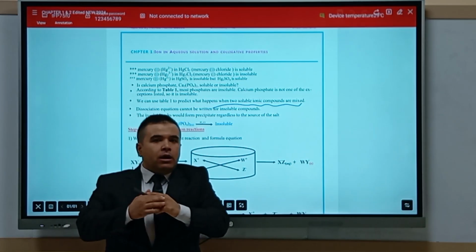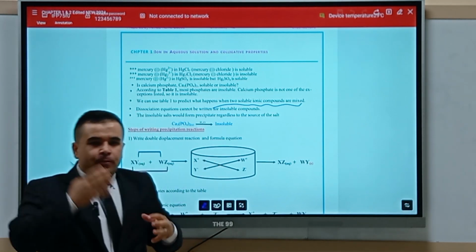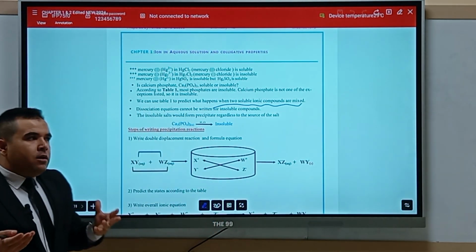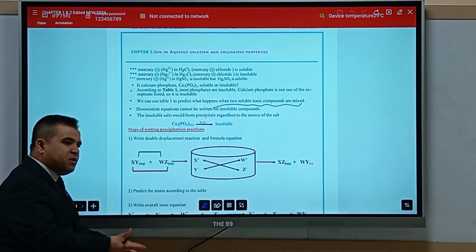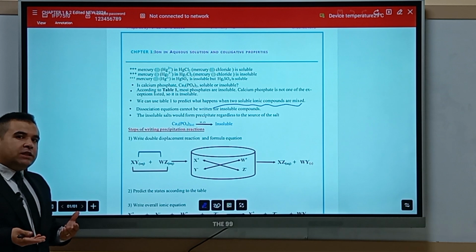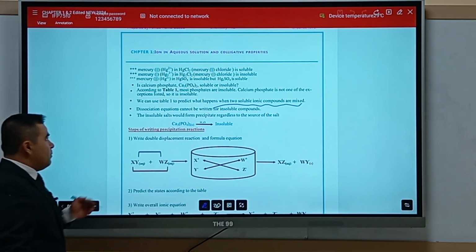We will be talking about double displacement reactions between two salts. When we add two salts, what will happen? There will be a precipitate or solubles. We use the solubility table to predict the precipitates and the solubles.